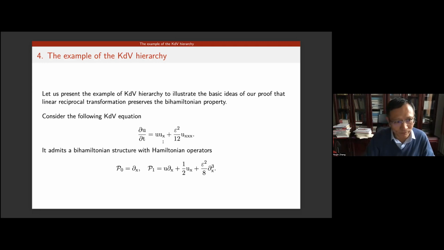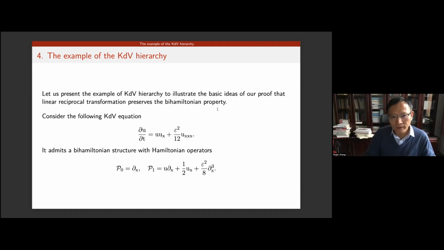So let me consider the KdV equation. We have an unknown function u and time variable t, and it has a bihamiltonian structure given by these two Hamiltonian operators P0 and P2.